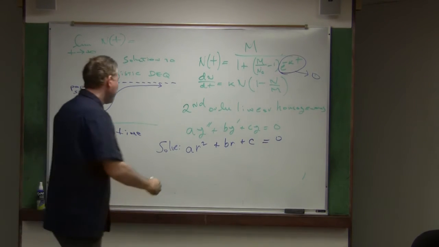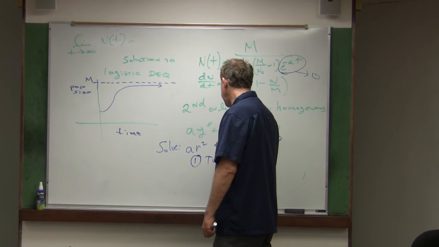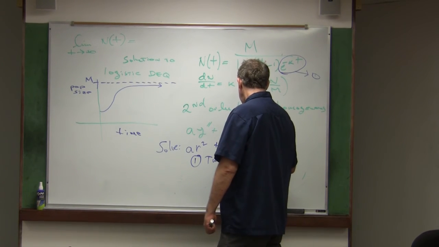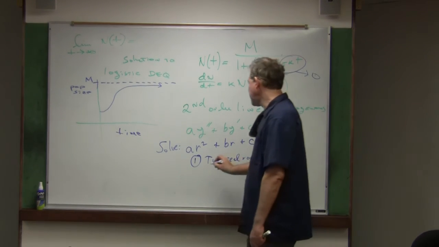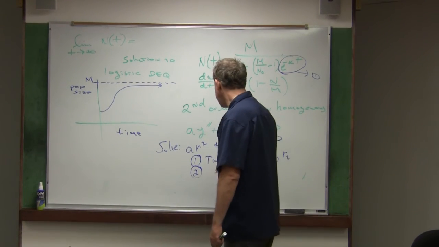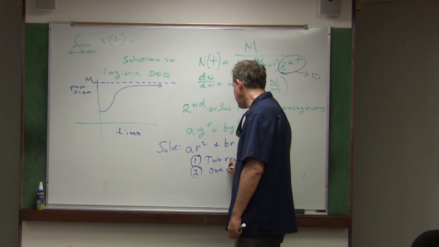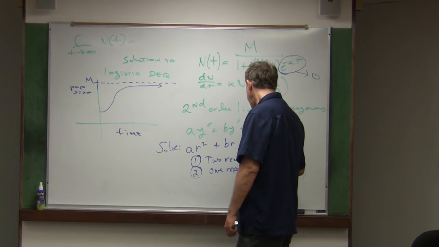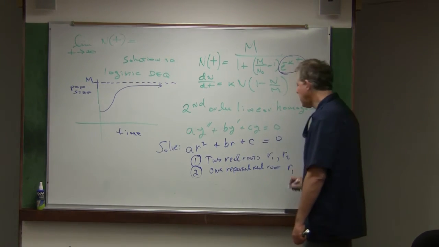So the 3 things that can happen are: 2 real distinct roots, r1 and r2. The second thing that can happen is you get just one repeated real root, r1.